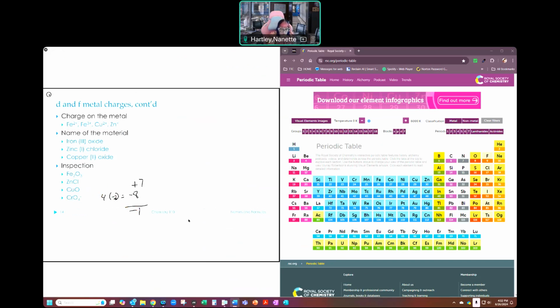That means chromium has to be +7 because there's only one of them. It's a little strange, but yes, that is the charge on that particular ion.